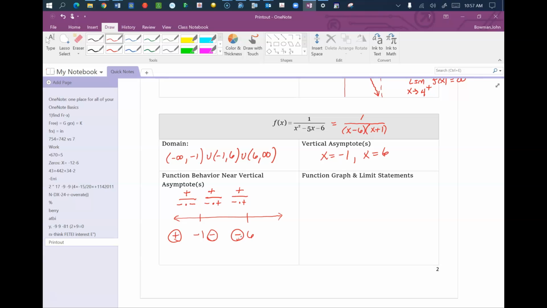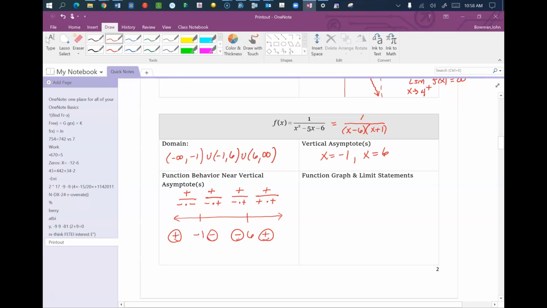But we'll see some examples of that later. All right, last part of the sign chart, pick a number slightly larger than +6, +6.1. The numerator is always positive. 6.1 minus 6 is positive. 6.1 plus 1 is positive. Positive divided by a positive is positive.